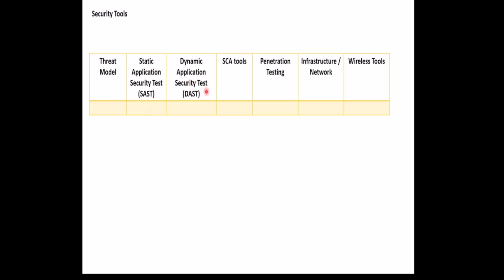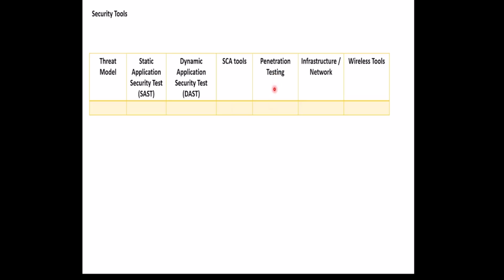Dynamic application security testing: here also we have certain tools to execute the DAST scan. We can see that tools list and the demos also. Software composition analysis: we can use some open source tools and see some demos on how to execute the software composition analysis assessment. Okay, penetration testing.